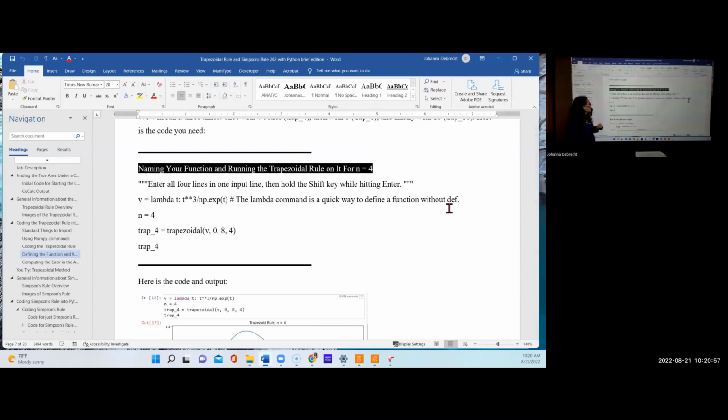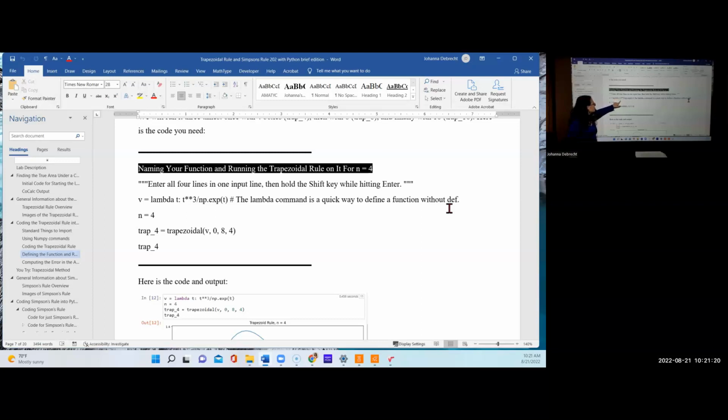That's one input line. Now, what is lambda t? Lambda t is a way of defining a routine or a function in a shorthand where I don't have to use the def command for define. I could use the def command, but by saying lambda t, I'm saying, hey, I want to define a function very quickly. And by the way, t is the variable.